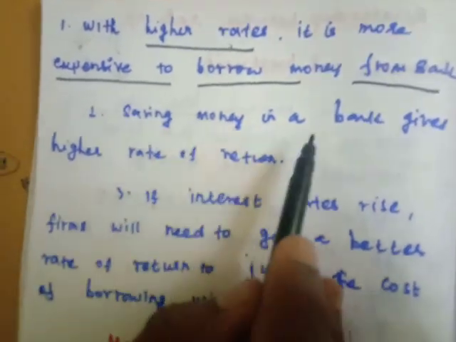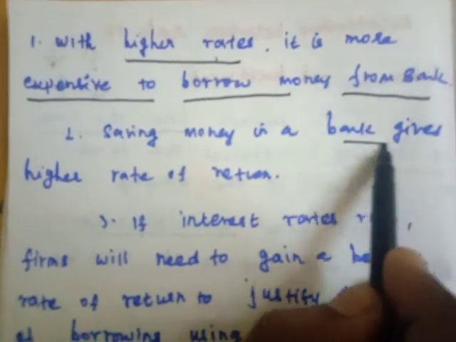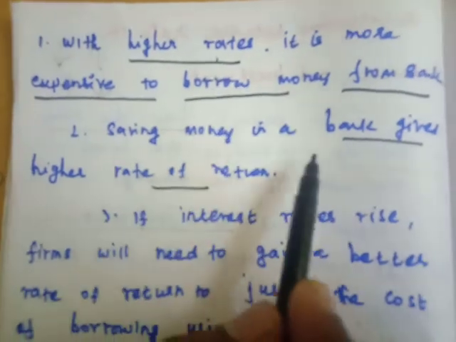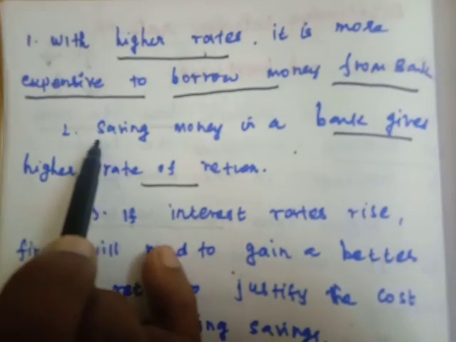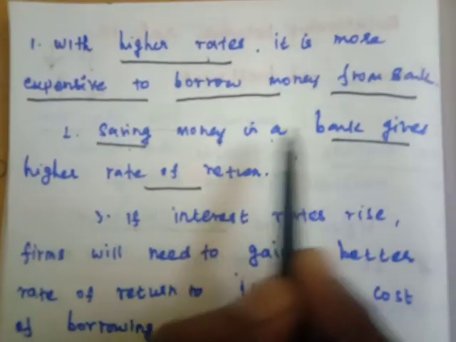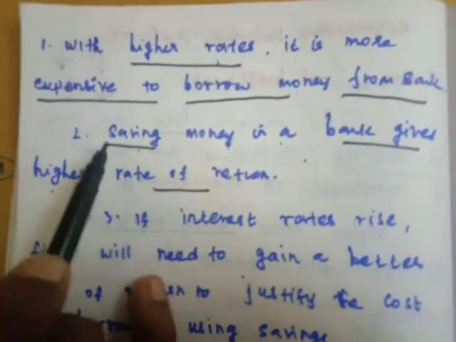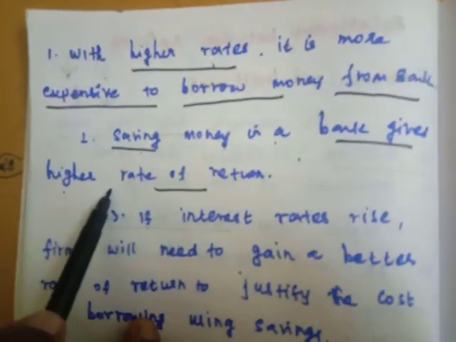And saving money in a bank gives the highest rate of return. Both on loans and deposits, the banking sector provides a higher rate of interest. This saving is known as a deposit.